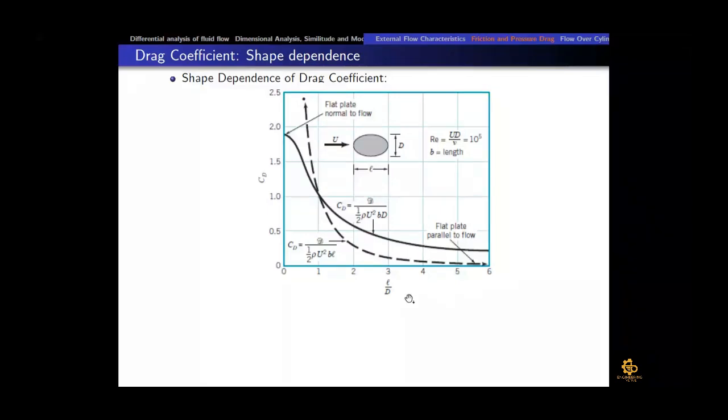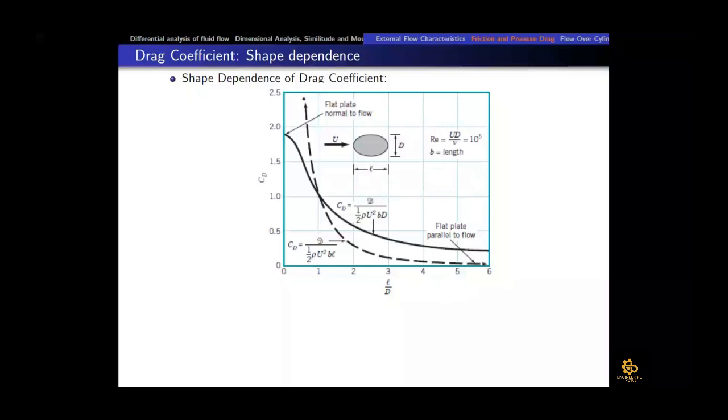So in both cases we can see that the CD value changes, and here the Reynolds number is 10 to the power 5, right? So you can see the variation: the CD value when L upon D is less means that we are talking about a plate which is placed perpendicular to the flow.